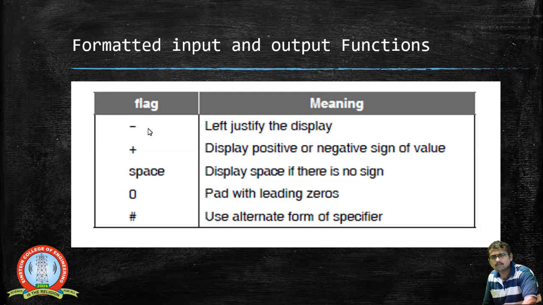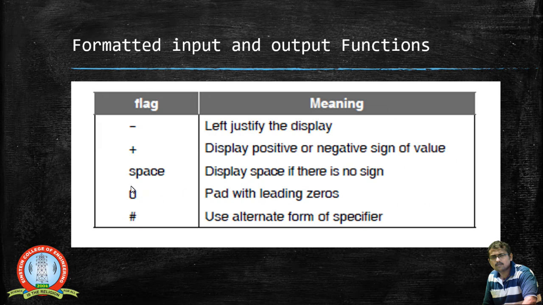It can take a hyphen, where it is going to left justify, or it can take a plus symbol when we want to display positive or negative numbers. Similarly, if there is a space, then it indicates that there is no sign.